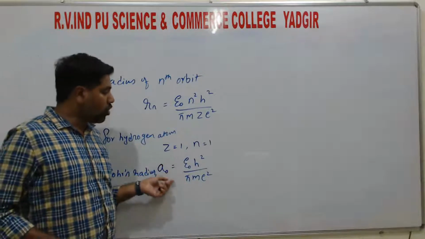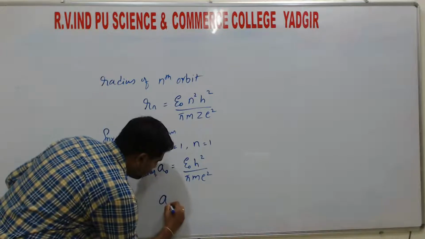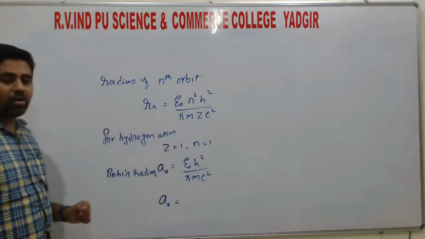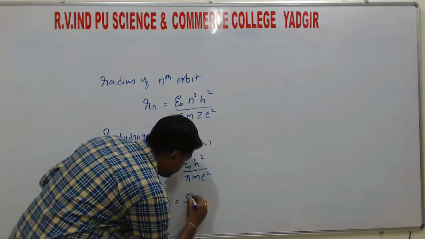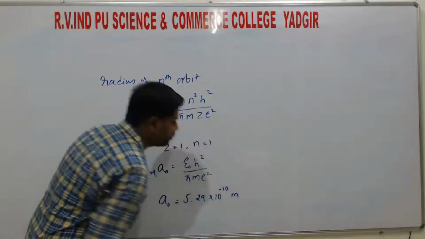Now if we substitute all these values, then we get the standard value of the Bohr's radius a naught, that is equal to 5.29 into 10 to the power of minus 10 meters.